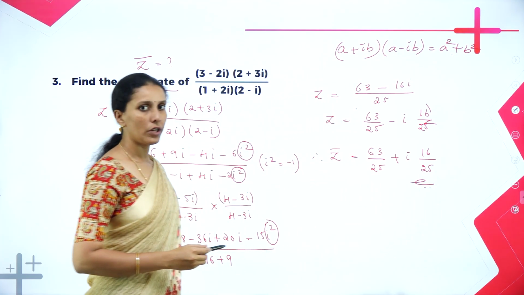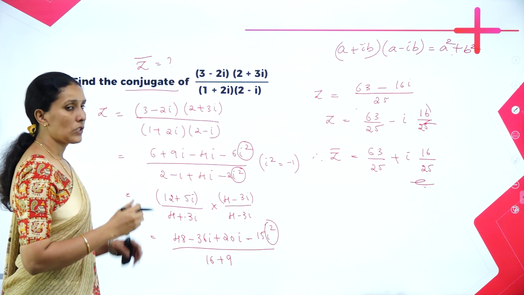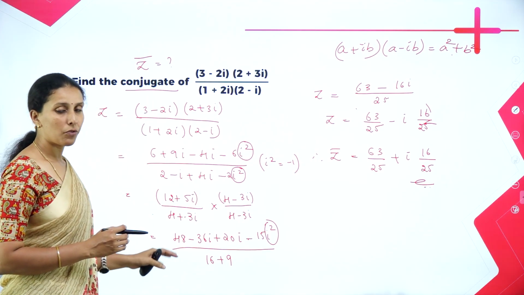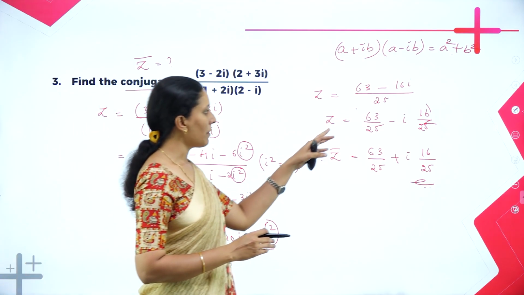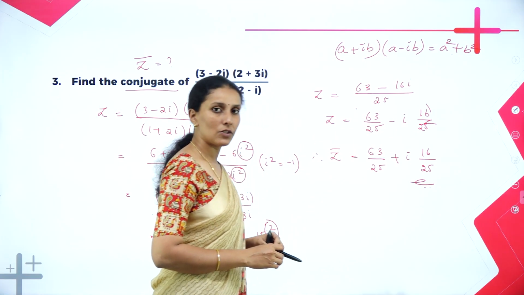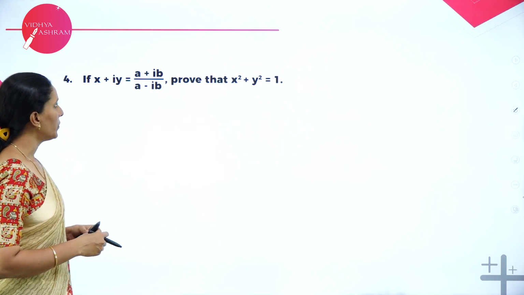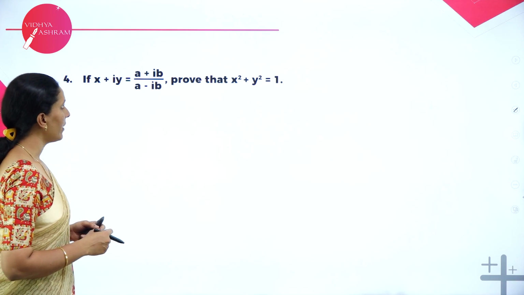So this is the conjugate of the given complex number. So always reduce the complex number into the simplest form of a plus ib or a minus ib, then we can write its conjugate.